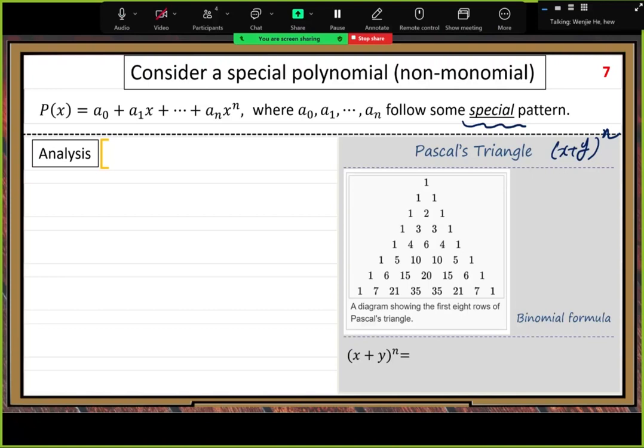In the formula, we need to use the combinatorial numbers. The first coefficient is n choose 0: among n objects, we choose 0. That's a combinatorial number. I will give you a formula later; here I just tell you the meaning of the notation. The coefficient of the second term is n choose 1: among n objects, each time you choose one object.